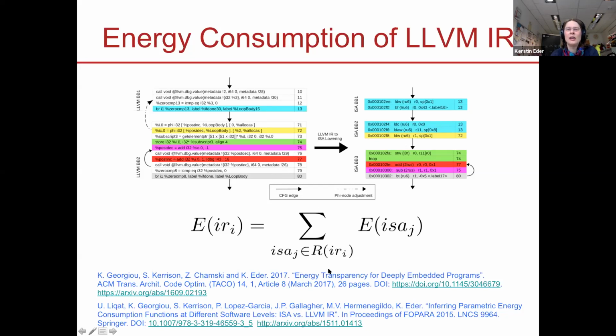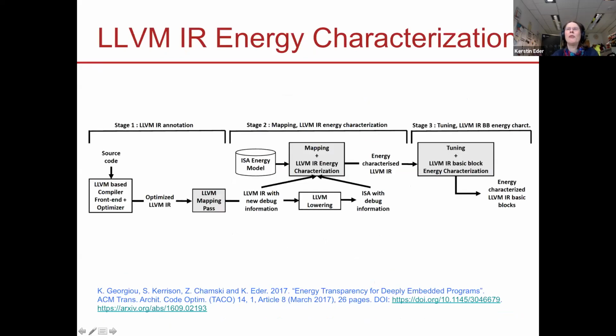Okay, now let's have a look at that mapping, which is described in more detail in the publications listed here. But if we look at that mapping in more detail, what do we get? We've got the source code. We've got LLVM as a compiler. We get the LLVM optimized intermediate representation.